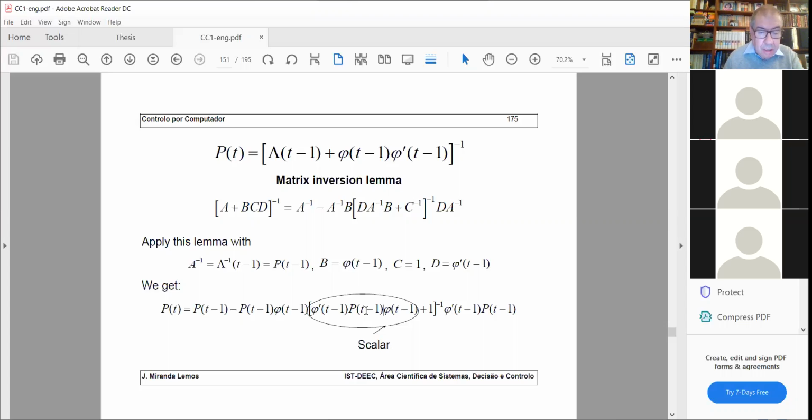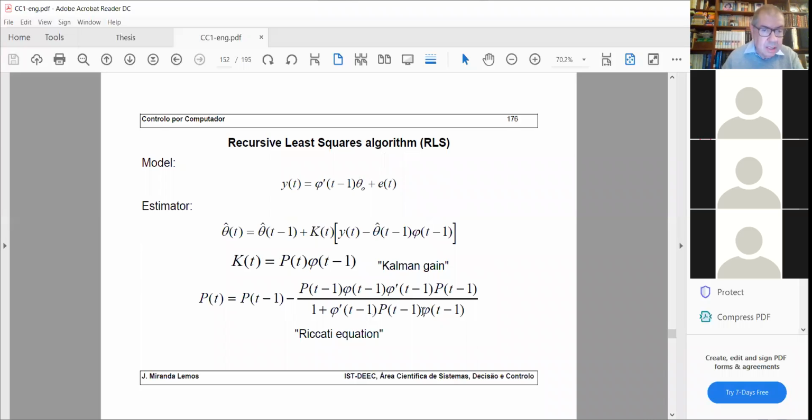Row vector times a column vector gives a scalar. It should be because here I'm adding it to 1. So this inverse is just dividing by the scalar. So I can rewrite this formula simply as P phi phi transposed P divided by the scalar. And I get these equations, okay?